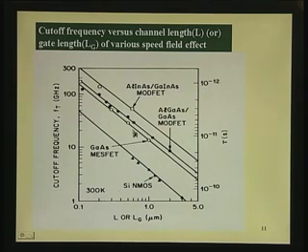Please do not worry about these terminologies, it looks like big jargon, but notice one thing, this curve is even above this curve. That is, this is based on gallium arsenide material, where higher mobility is there. The next curve on the top is based on another device consisting of gallium arsenide and aluminum gallium arsenide.